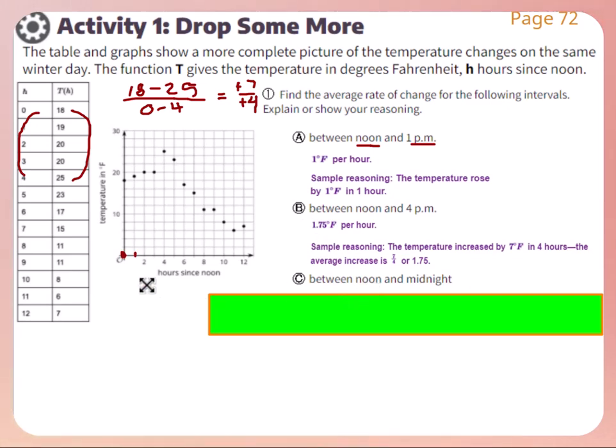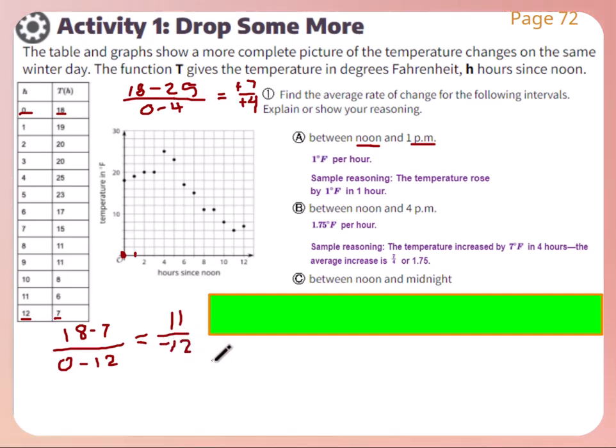Okay, between noon and midnight. So we're going to go from 0 to 12. So let's start at 0, going back to noon. Okay, and we're going to go up to 12. So 18 minus 7 over 0 minus 12. 18 minus 7 is 11. 0 minus 12 is negative 12.